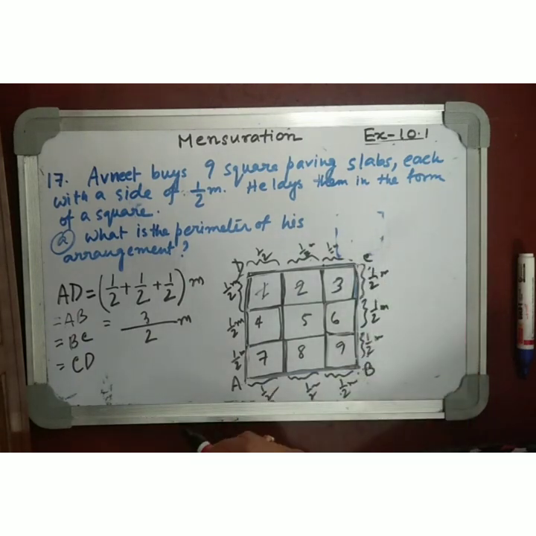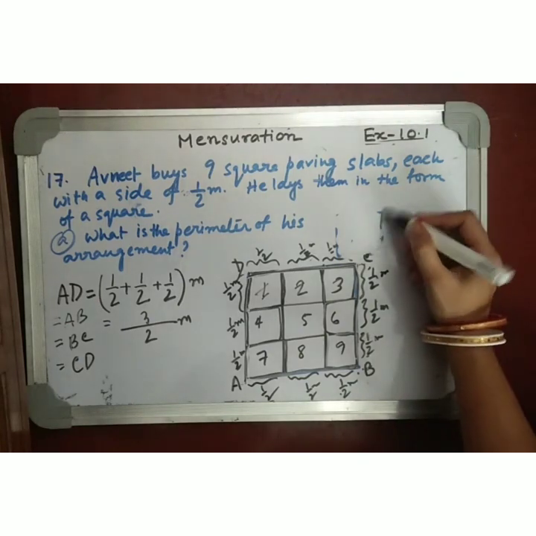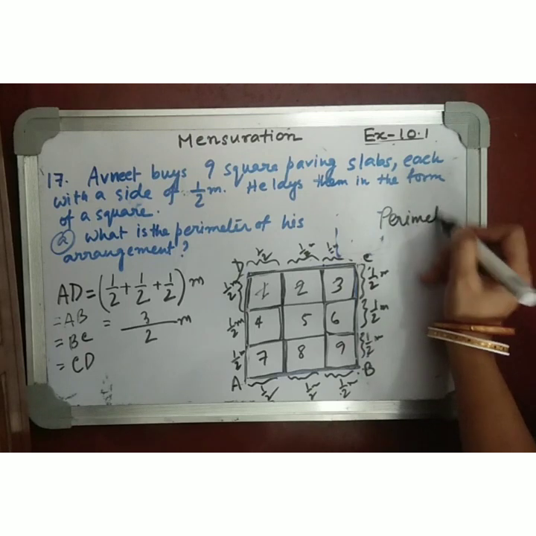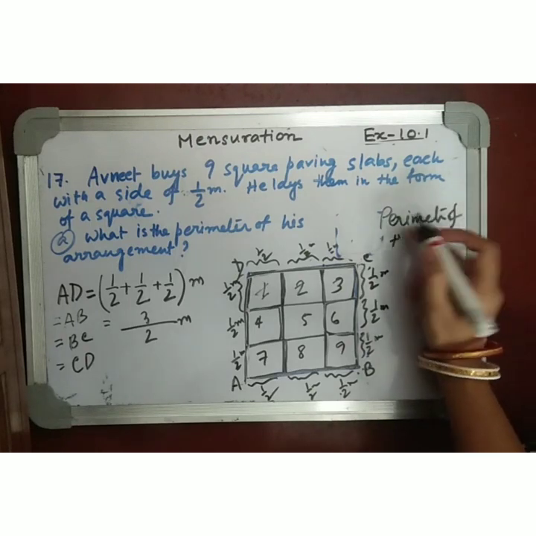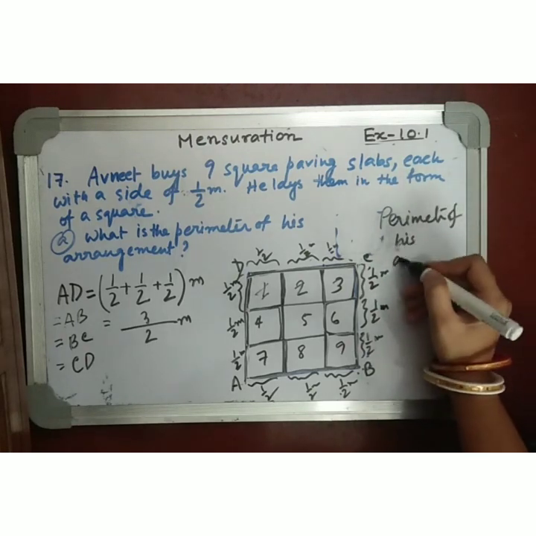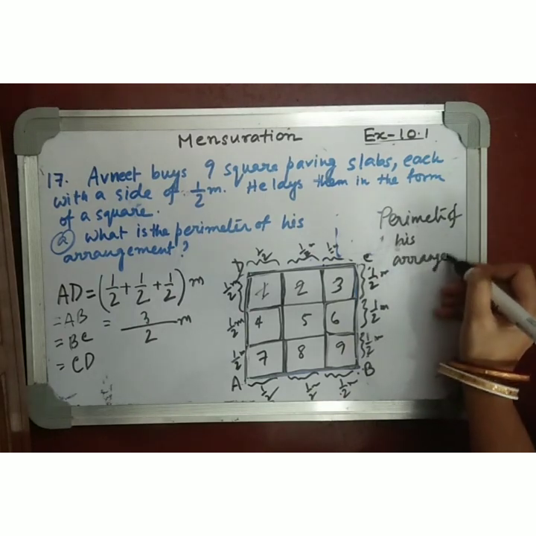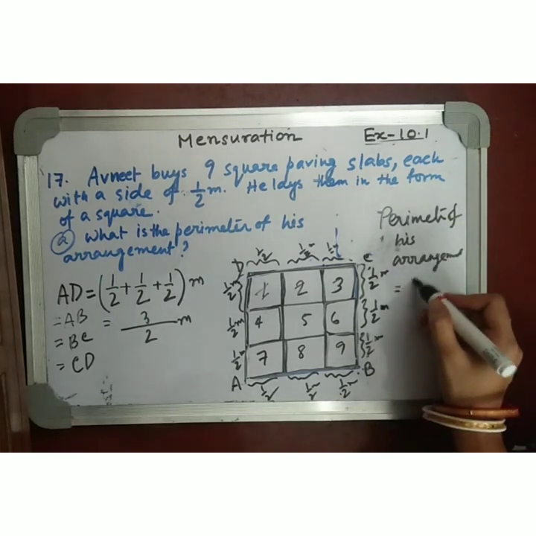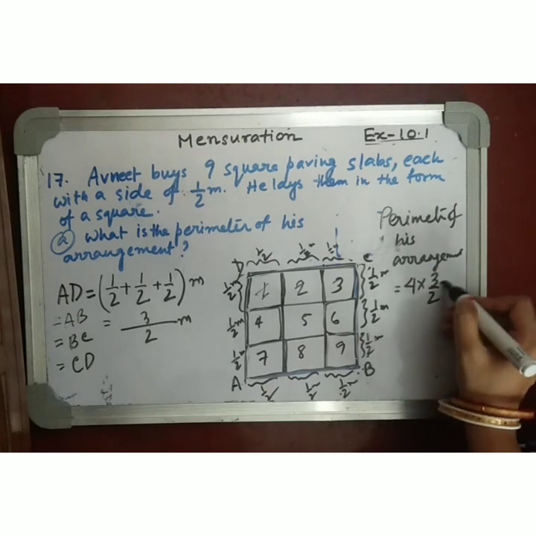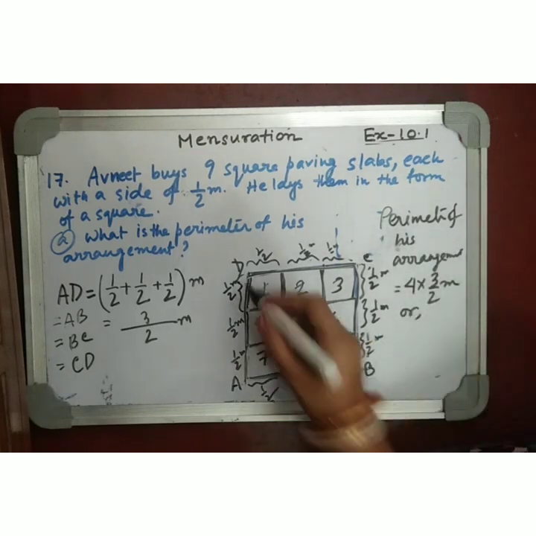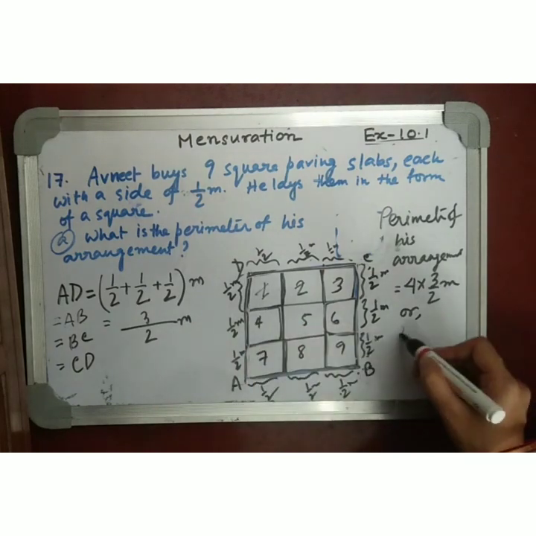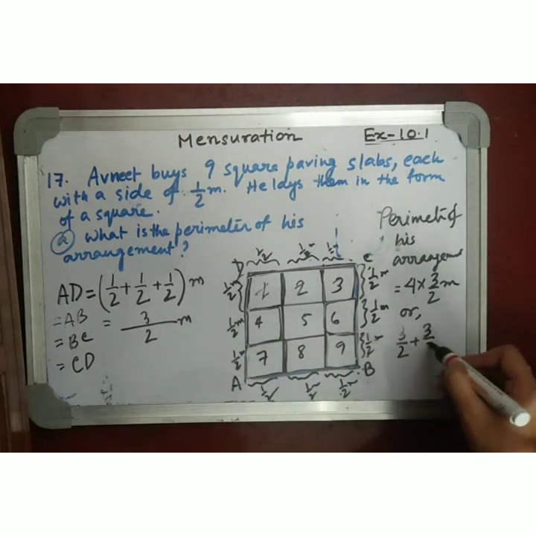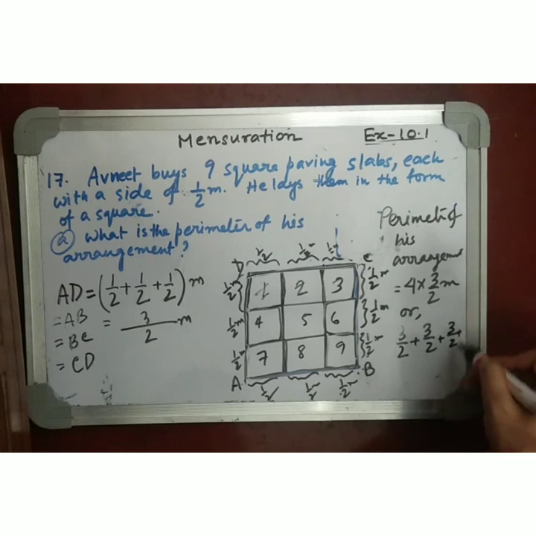So what we have to do for finding the perimeter of it, let's write perimeter of his arrangement will be either we can write 4 into 3 by 2 meter, or we can also add all the lengths of the sides, which are 3 by 2 plus 3 by 2 plus 3 by 2 plus 3 by 2.